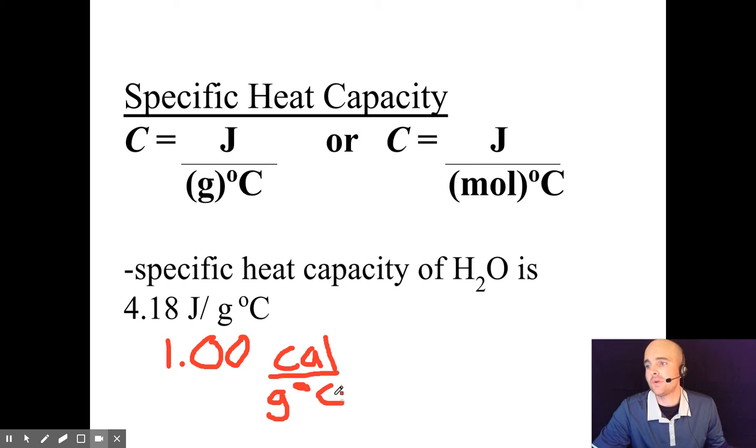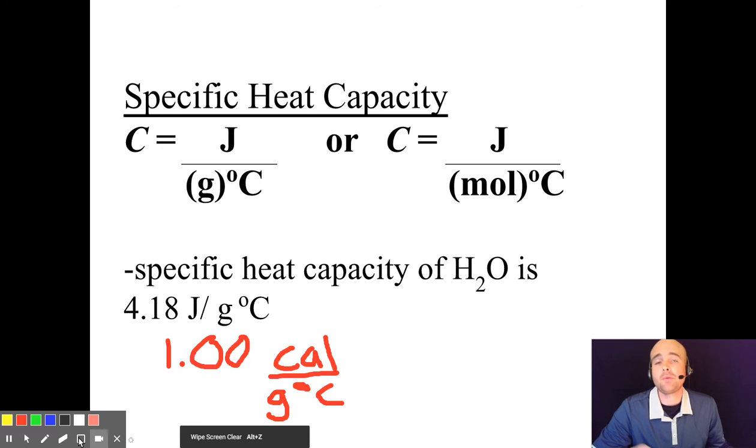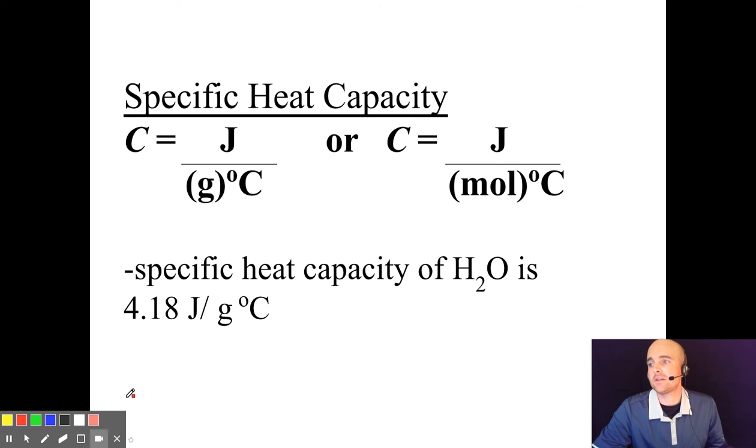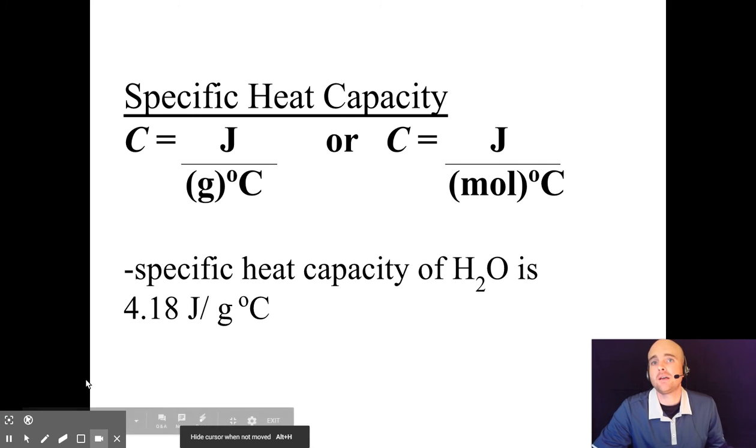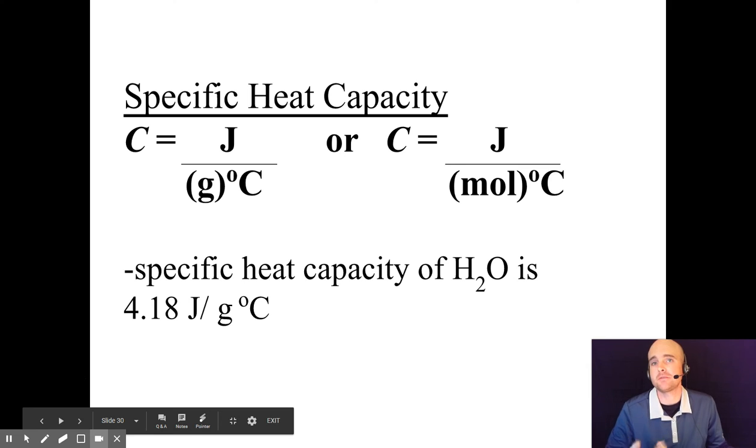So what they're doing is they're interchangeably using joules or calories. Since the English units and the standard units are different, and we want to all be on the same unit, we'll really just consider joules, and we'll just use joules. But that's where the name calorimetry comes from, because we're going off of the calorie.